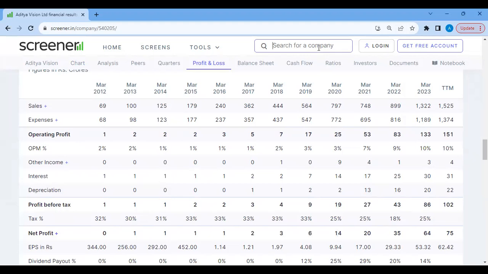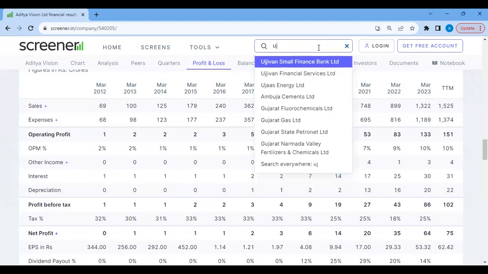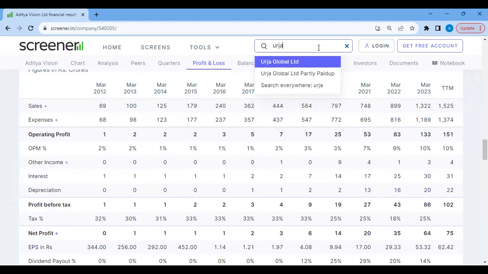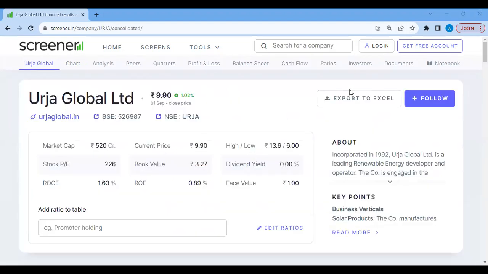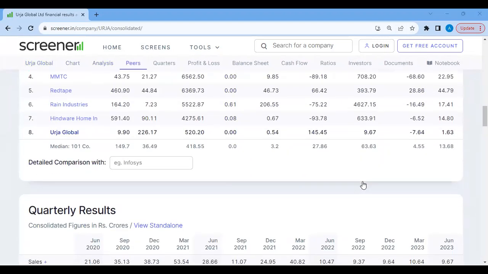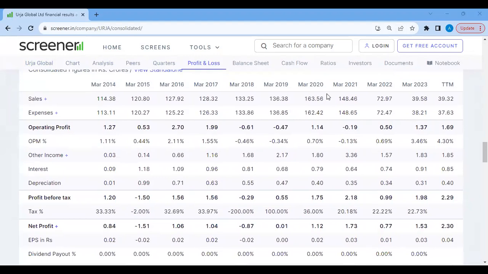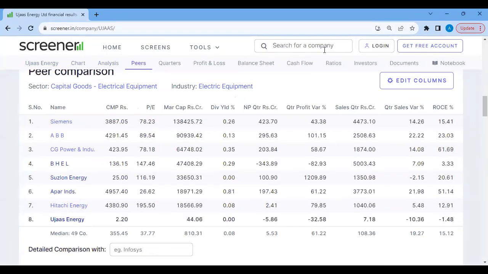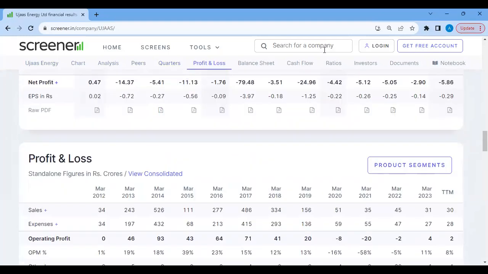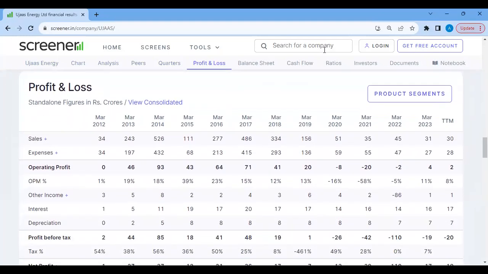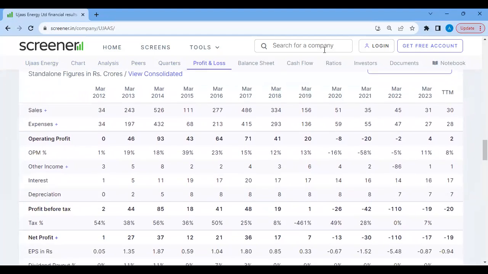Now let us see this company. Now you have to tell me if this company is doing its job properly, yes or no. Is this company doing its job properly?